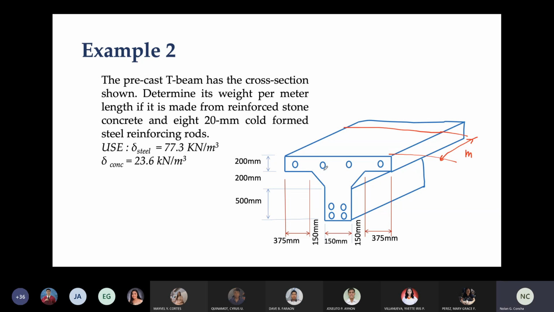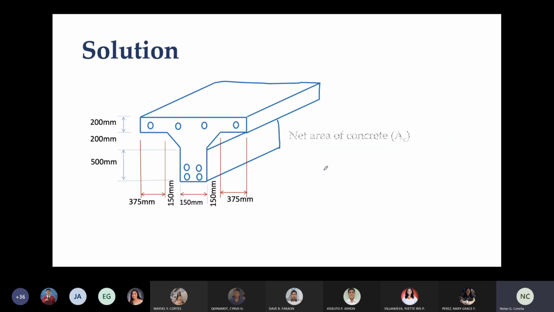So all we have to do is compute the area of the section. We start with the net area of the concrete. Net area because there are areas occupied by the steel reinforcement. So we have to subtract the area that is occupied by the steel. And let me start with this area here, rectangle, and that will be what? 200 by, this is what? 750 plus 100 plus 300 plus 150.